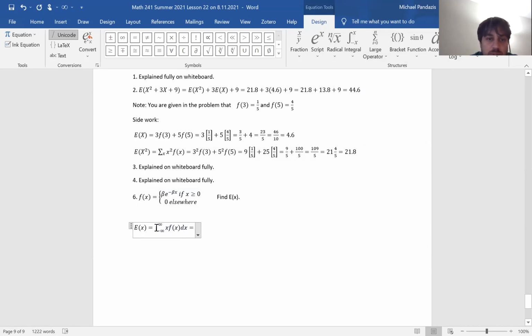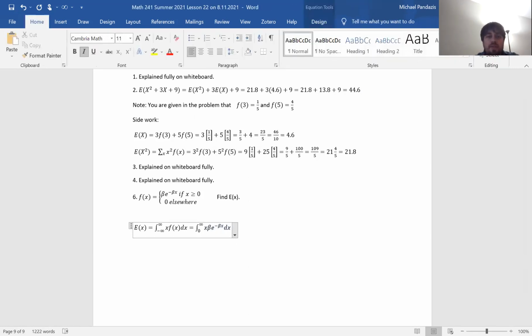Now you substitute for f of x, which is this if x is greater than or equal to 0. So you only need x values greater than or equal to 0. And there, the PDF is beta e to the negative beta x, and so you just need to find the value of that integral.